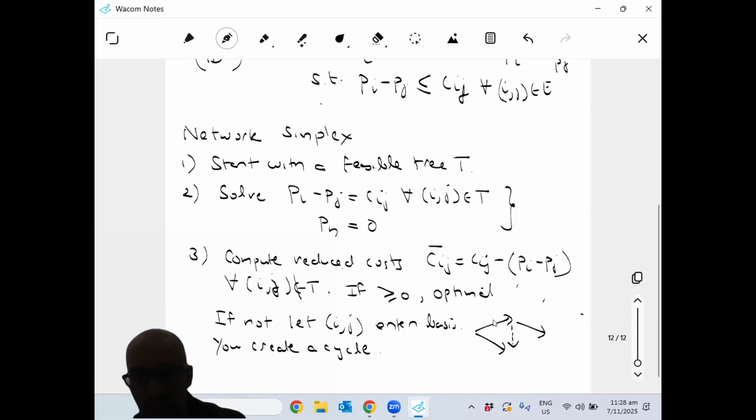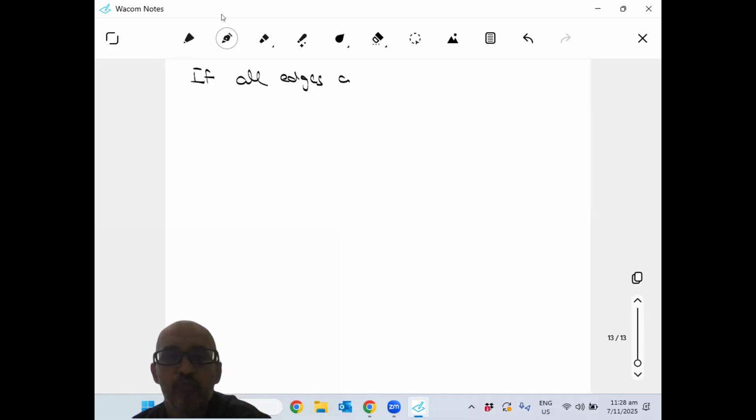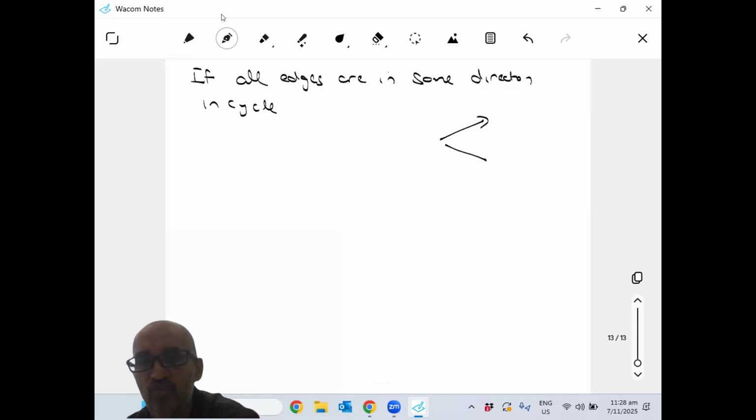So let me go to the next slide. If all edges are in the same direction in the cycle, for example, let's say I have a graph which looks like this.